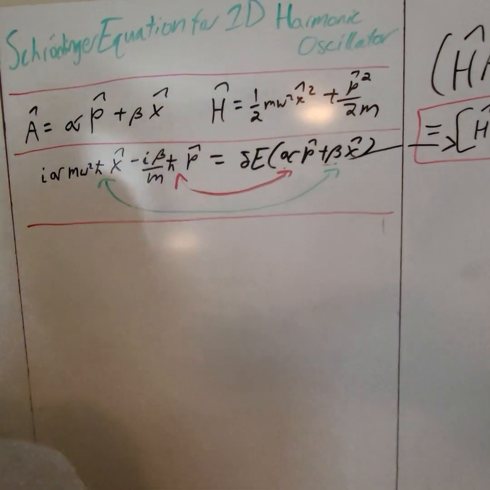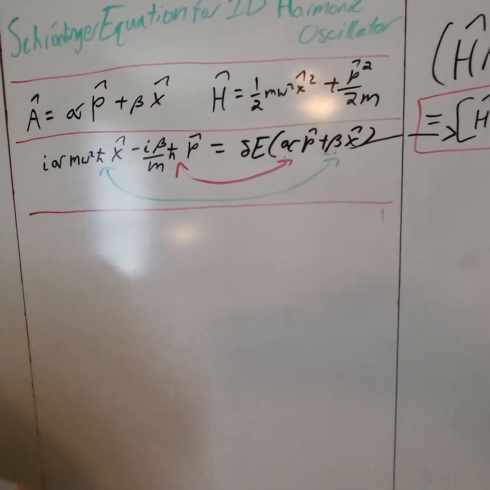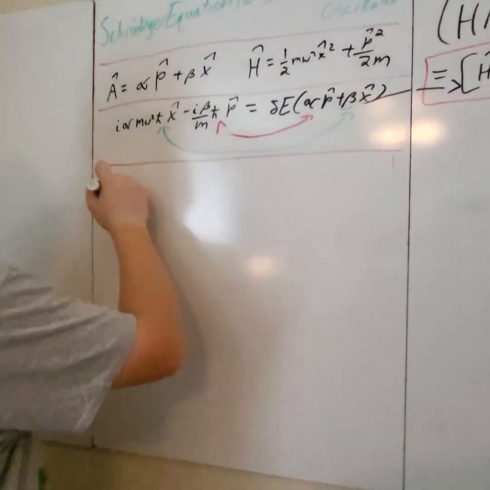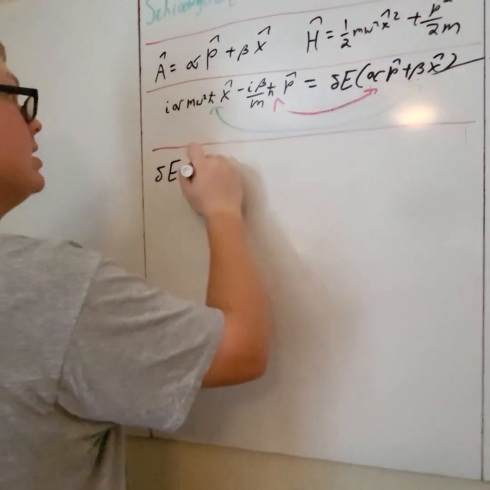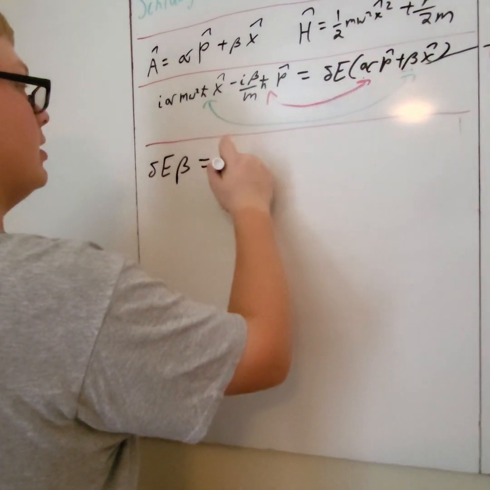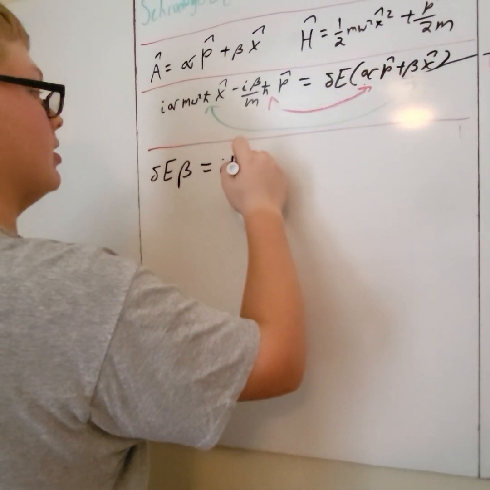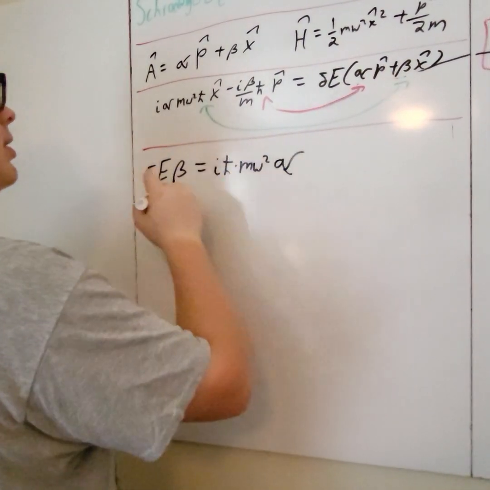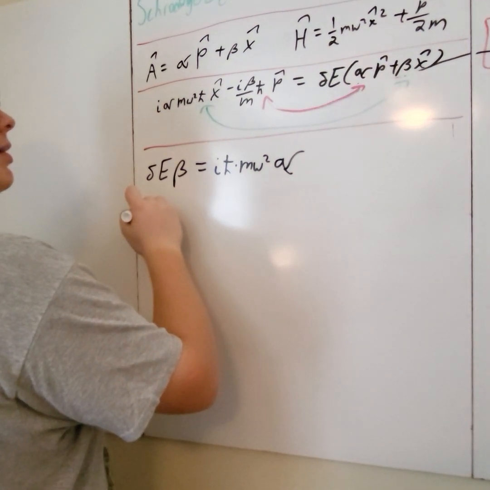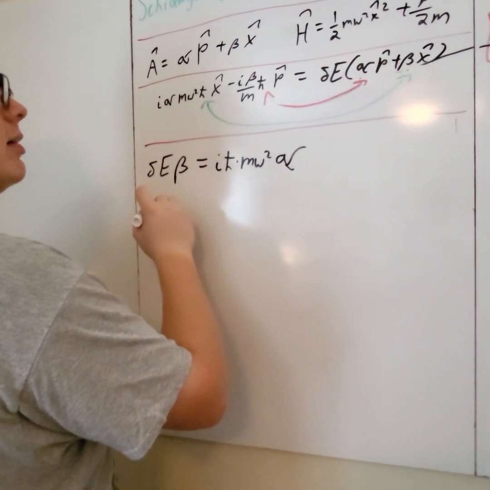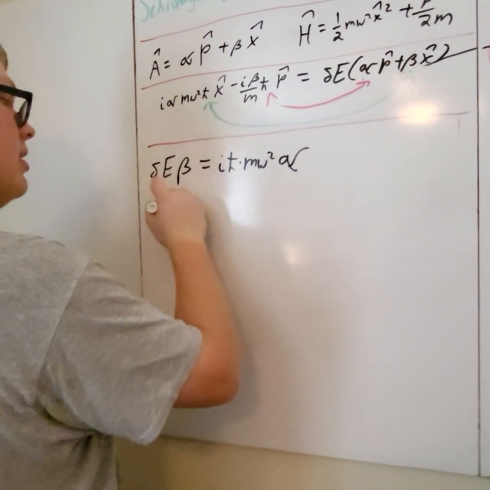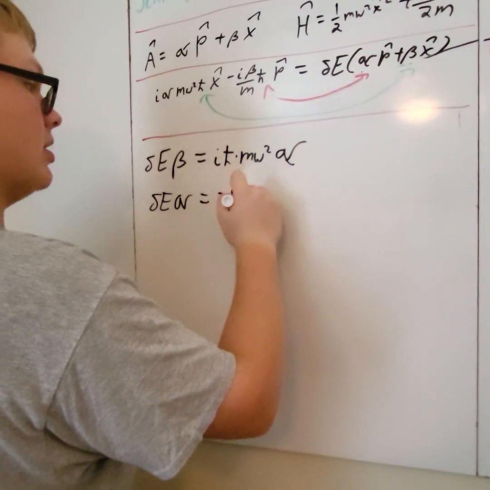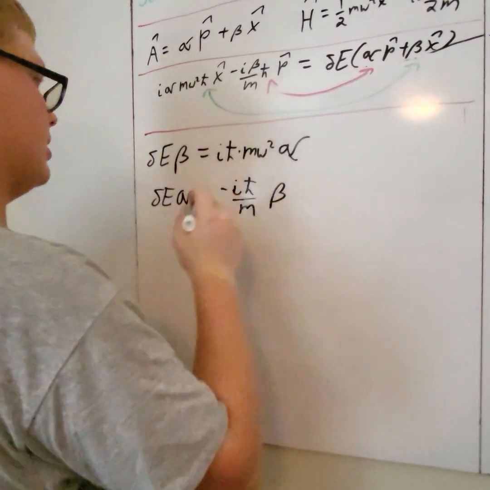So that means that delta E times beta would have to equal i h bar times m omega squared times alpha, and delta E times alpha equals negative i times h bar over m times beta.